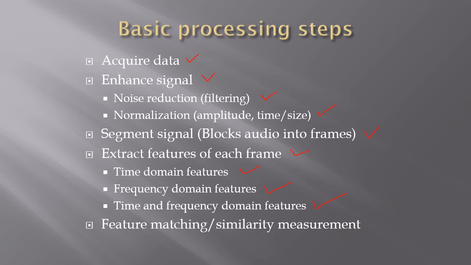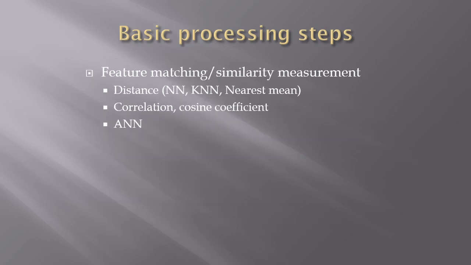Then we do some feature matching or similarity measurements. Just look back at the basic processing steps that we discussed at the beginning of this course. The feature matching could be K nearest neighbor, sorry, here it is nearest neighbor, not neural network.